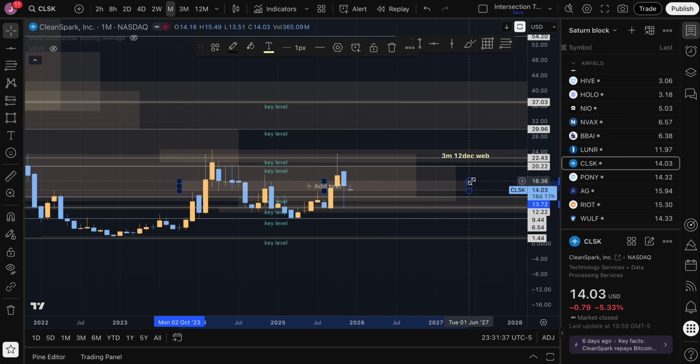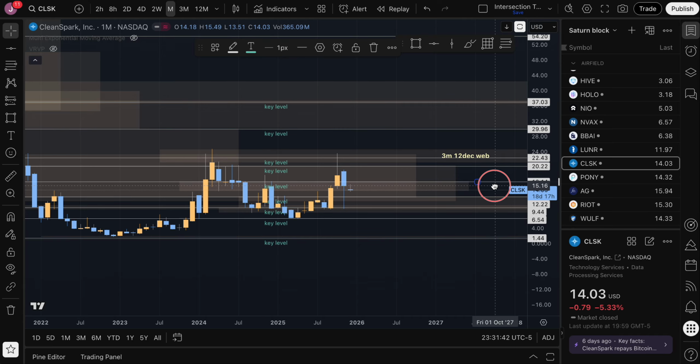Oh, and this is that 15 to 17 range that we had seen on AI.